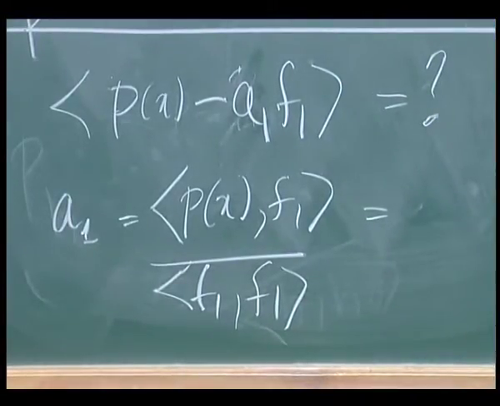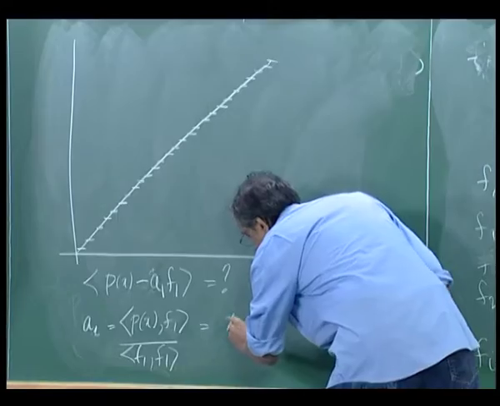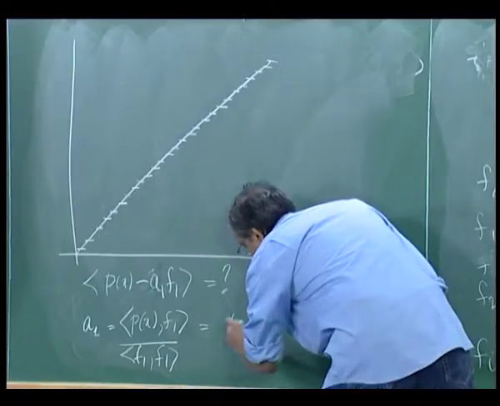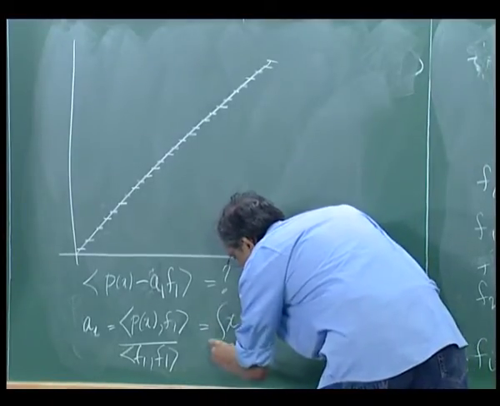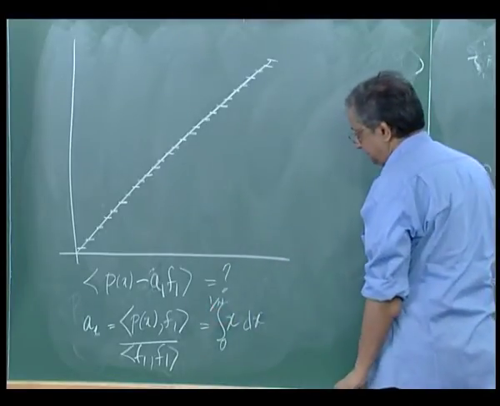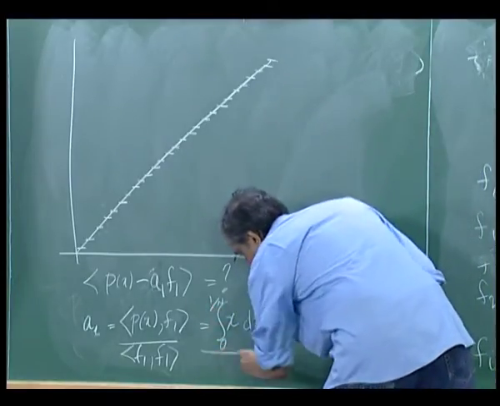This equals x dx, integral 0 to 1 over n, divided by 1 over n.